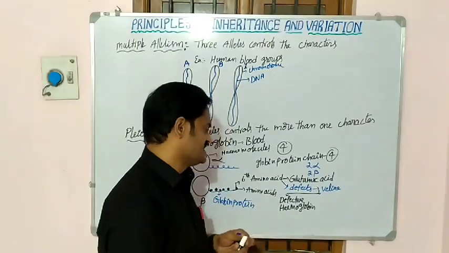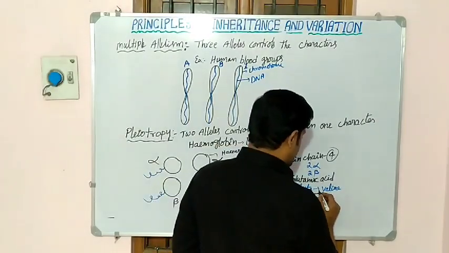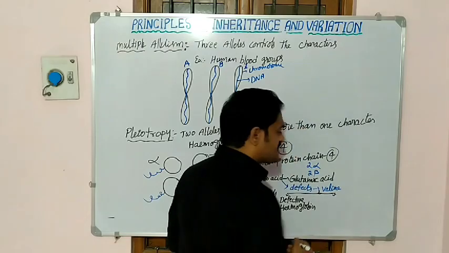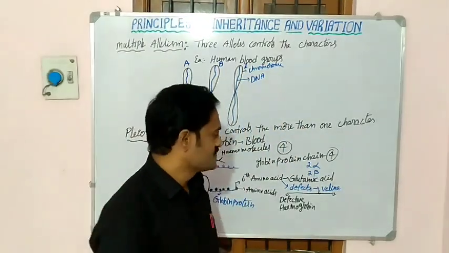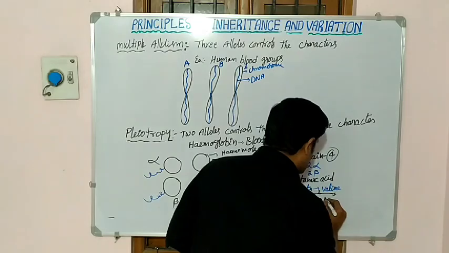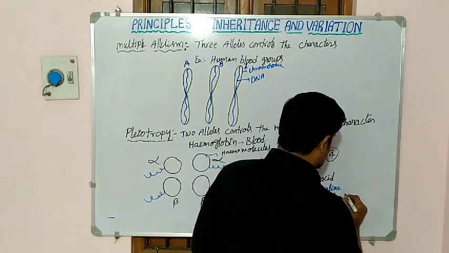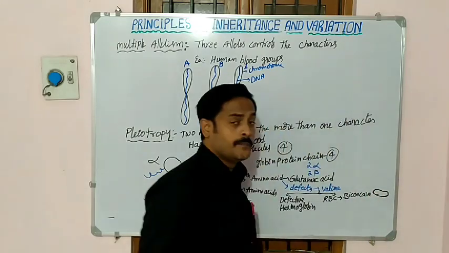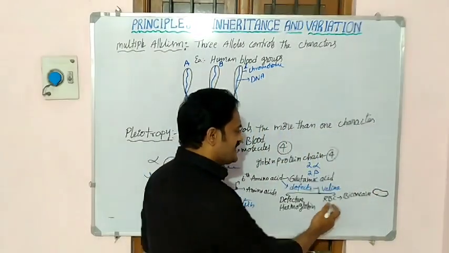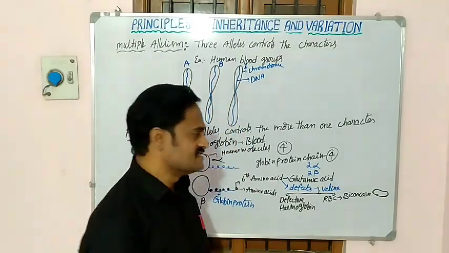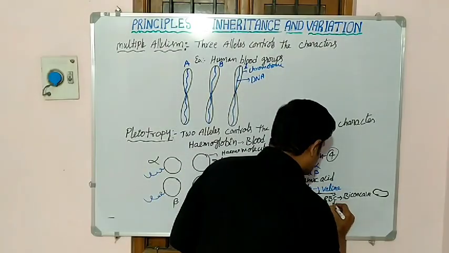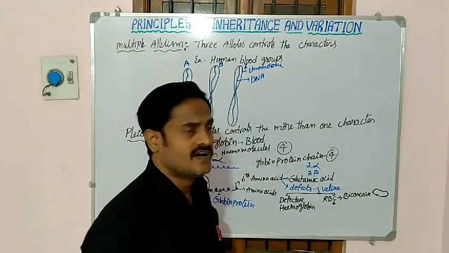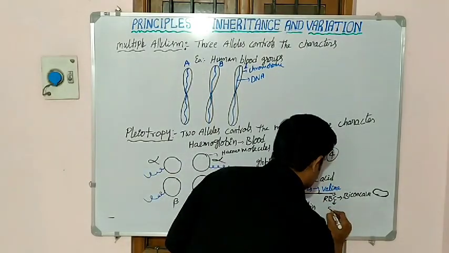One character is changed here. Then what is the second character? The shape of the RBC is changed. Normally, what shape does the RBC have? It has a biconcave shape, like this. The RBC cell looks like a biconcave shape. Then here the RBC shape is changed and modified into the sickle shape. Which shape?